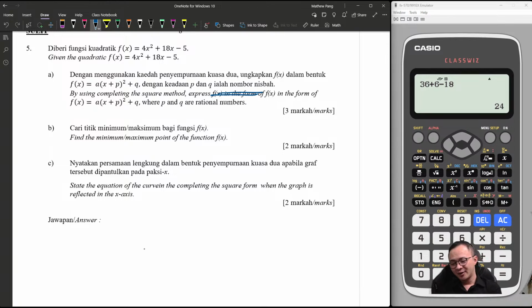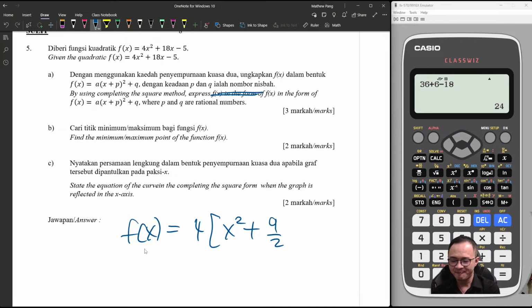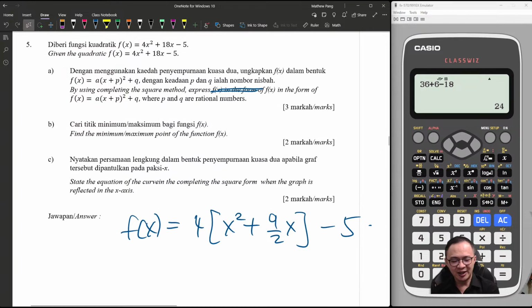Okay. Complete the square, I can do. Take out the 4: x squared plus 9 over 2 x minus 5. Okay, 18 divided by 4, you will get 9 over 2. This is the reason why I will get a 9 over 2 over there. I factorize out the 4 there.